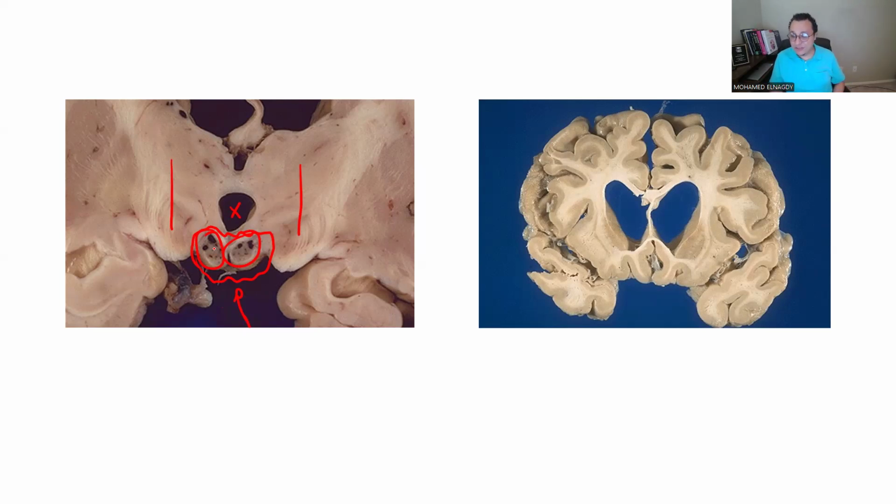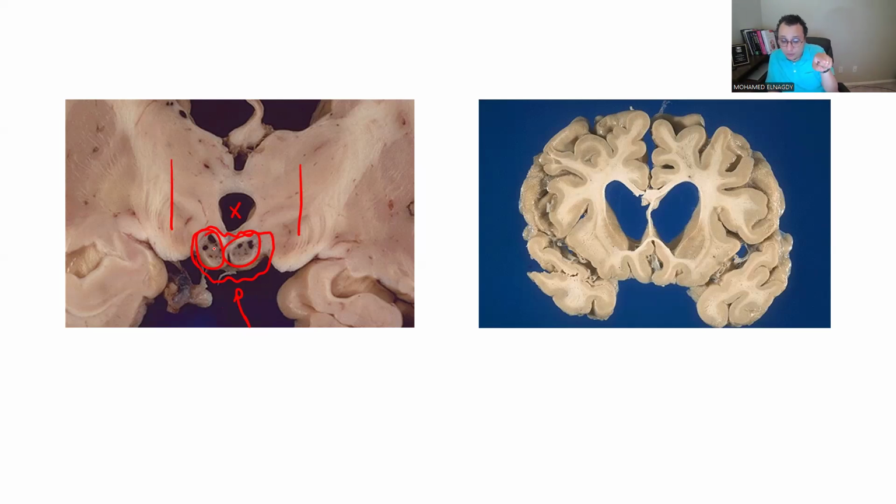This thiamine deficiency leads to a decrease in TPP, thiamine pyrophosphate, an important coenzyme for the reactions of the Krebs cycle. So this stops the Krebs cycle and leads to a significant decrease in energy production, and this leads to brain degeneration, which usually starts in these mammillary bodies that you see right there.